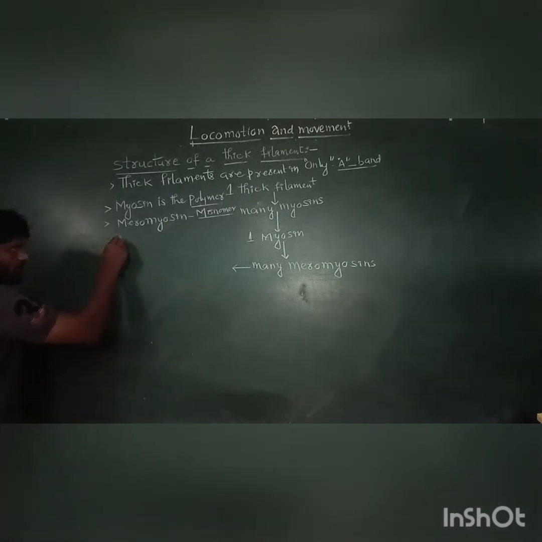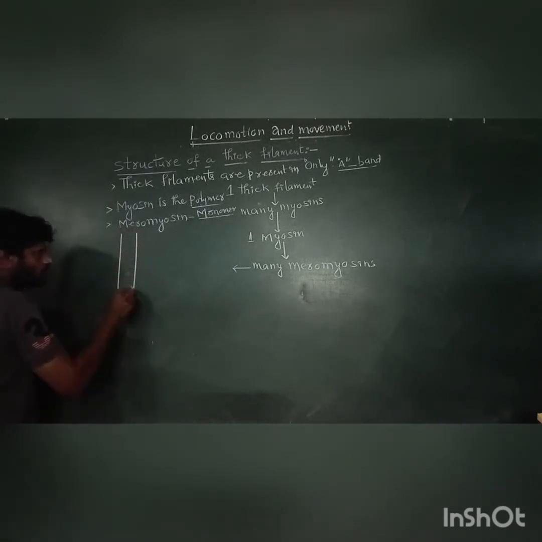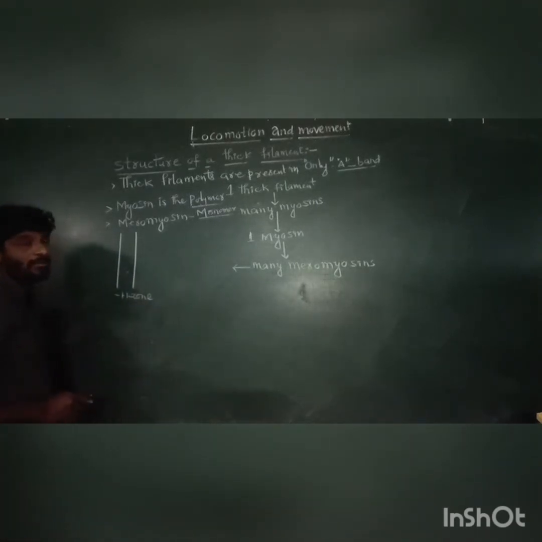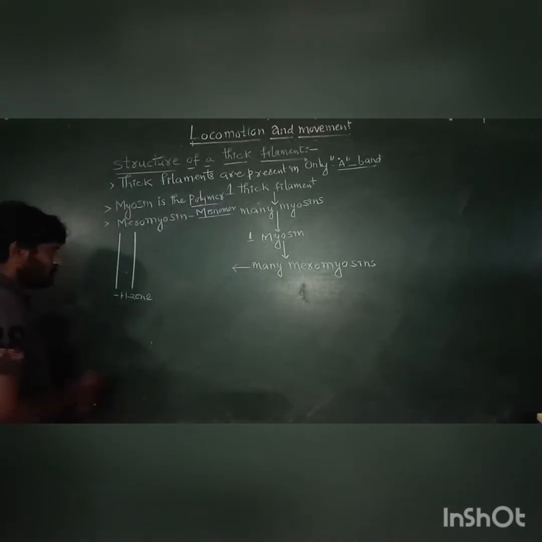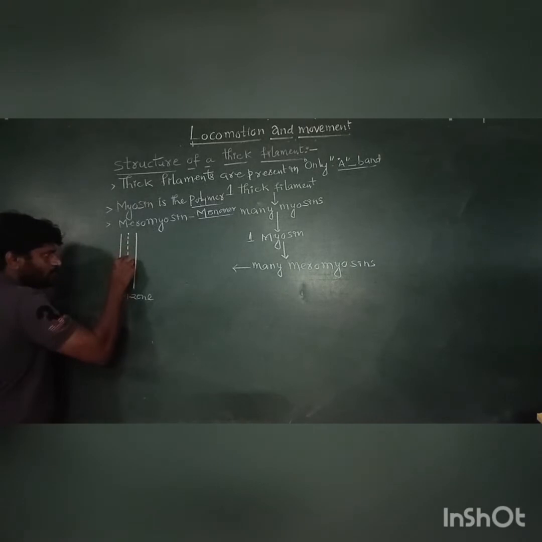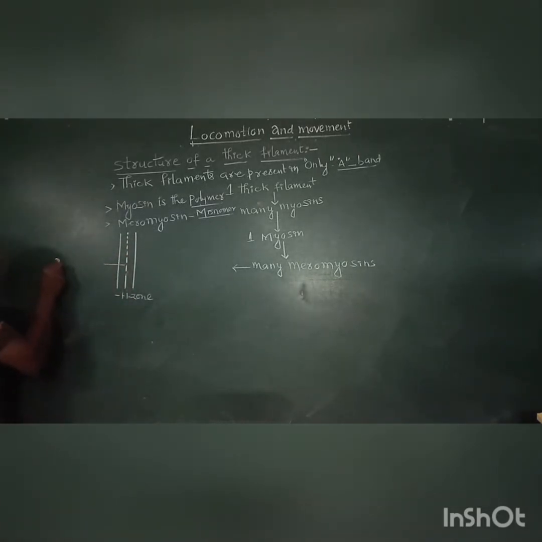Now I discuss the structure of a meromyosin. For example, this is the H zone. The H zone is present at the center of the A band, and at the center of the H zone there is a line, the M line.